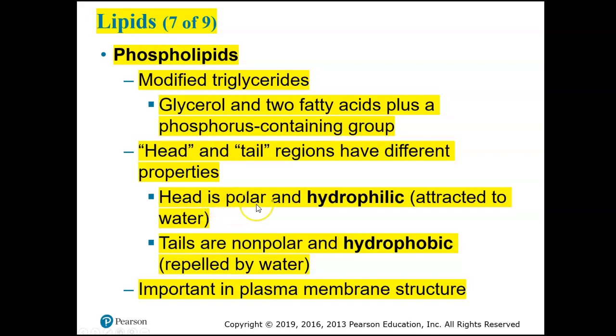It is polar covalent and hydrophilic, because if it's polar, then it's soluble in water, and hydrophilic means water-loving. So the head of the phospholipid is hydrophilic, whereas the tail is a fatty acid, or the two fatty acids. They are nonpolar and hydrophobic.